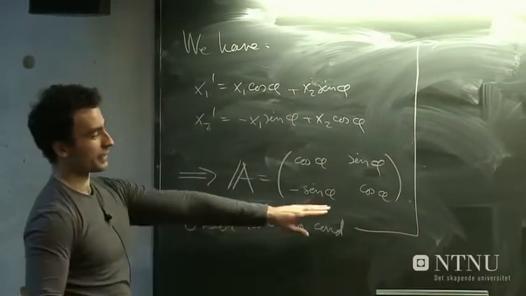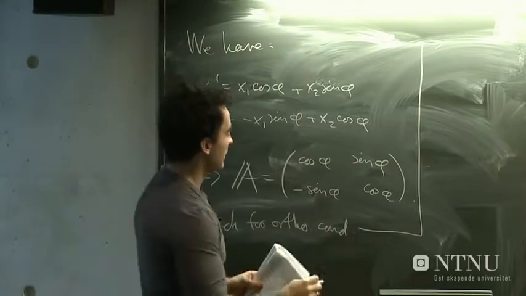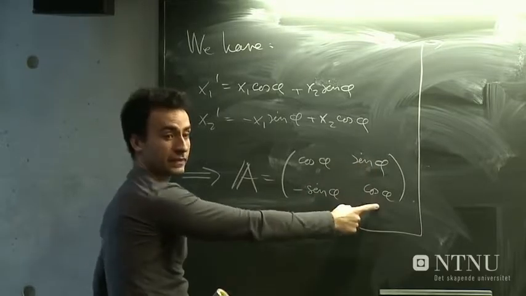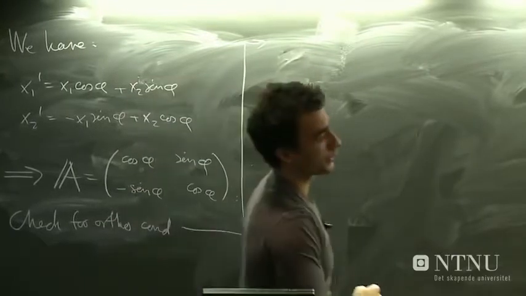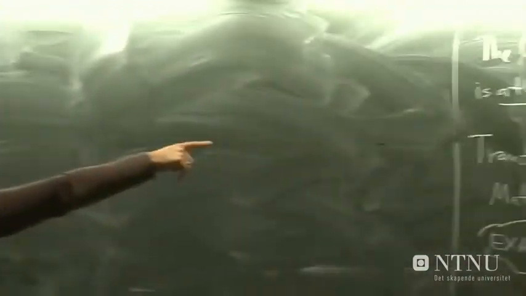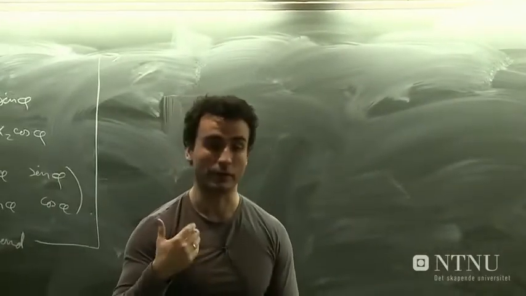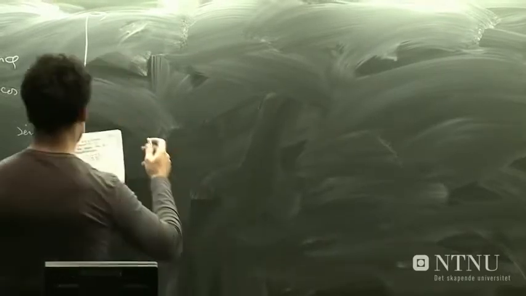So let's see now if this actually satisfies the orthogonality conditions. So keep in mind that this is A11, A12, A21, A22. I think we wrote them over here, yeah. So consider these equations over there, the four orthogonality conditions, which in fact are only 3 for a 2D scenario.